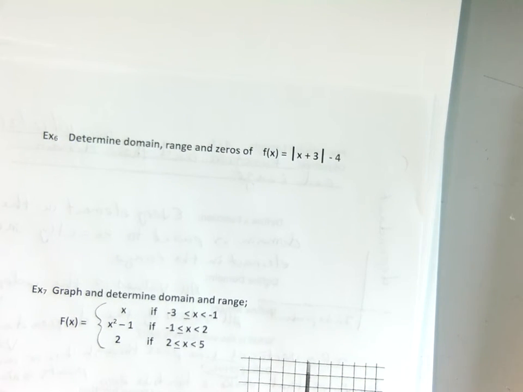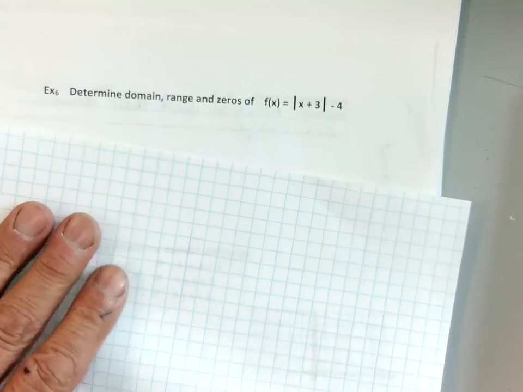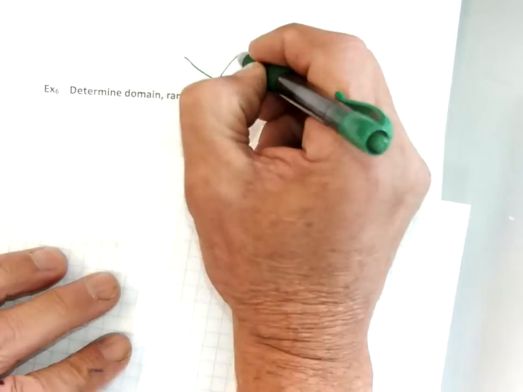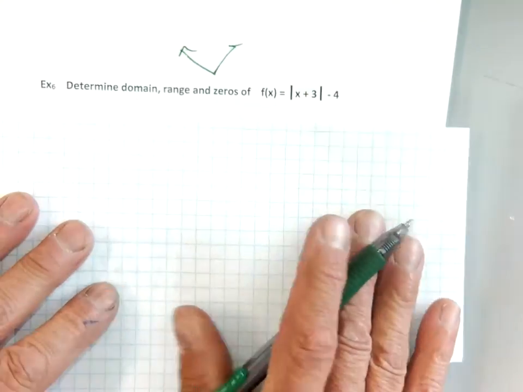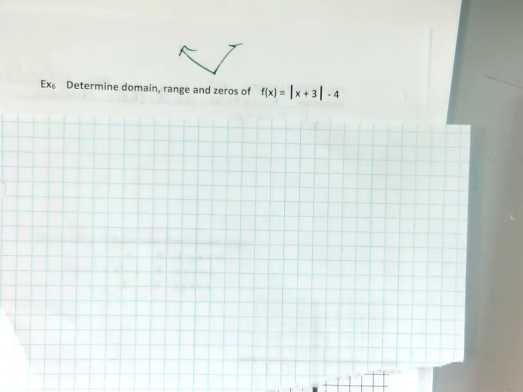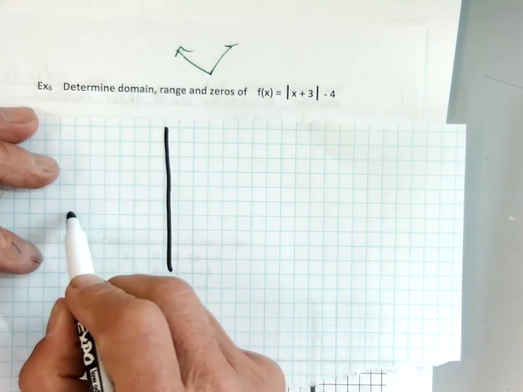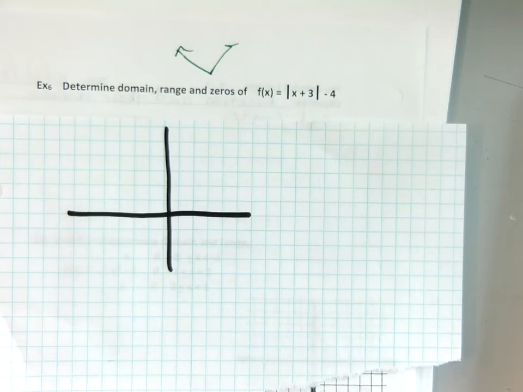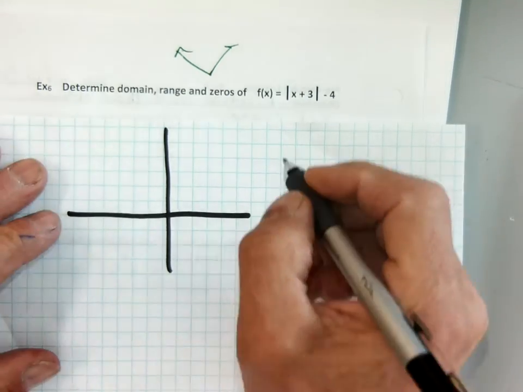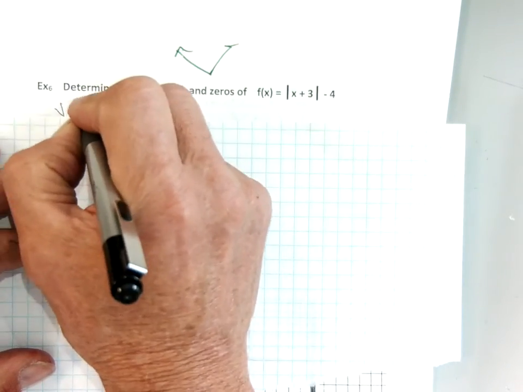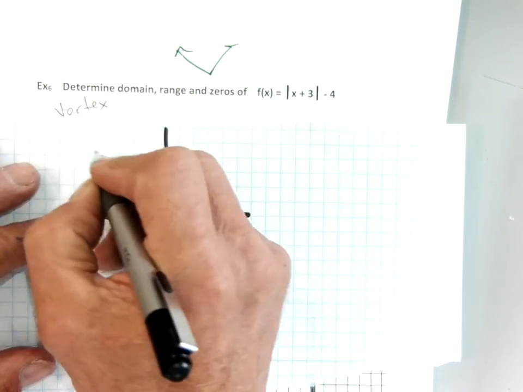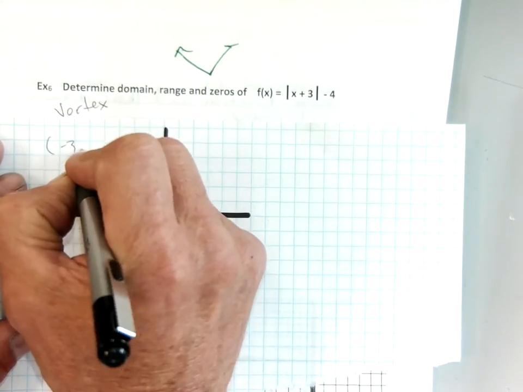Okay, 6. Okay, now an absolute value graph, and I don't know if you guys remember that or not. It's been a while, is a V. Okay, and it looks like this. The vertex will be at negative 3, negative 4.